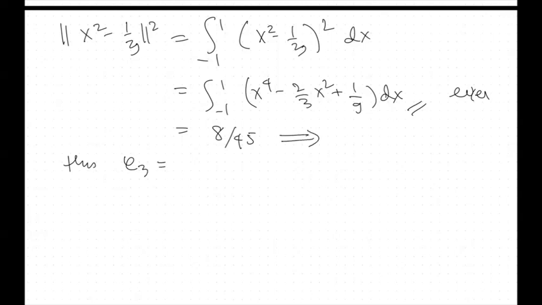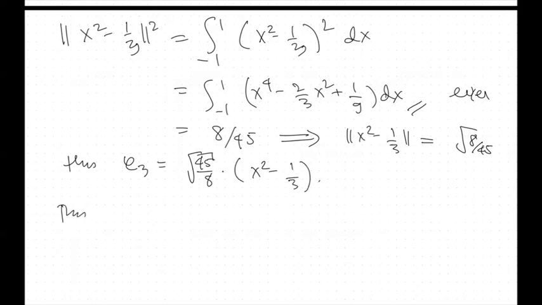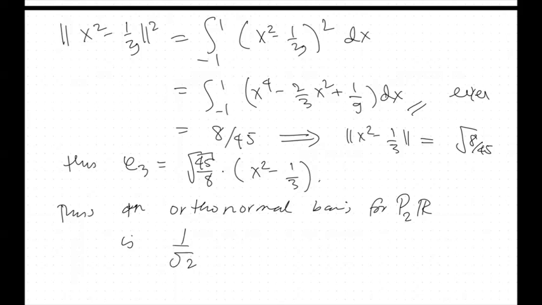this means that this x squared minus 1/3, its norm is just the square root of 8 over 45. So the square root of 45 over 8 times x squared minus 1/3. Thus, an orthonormal basis for our P2(R) is, first we get 1 over square root of 2.